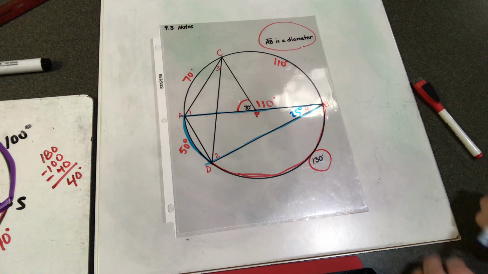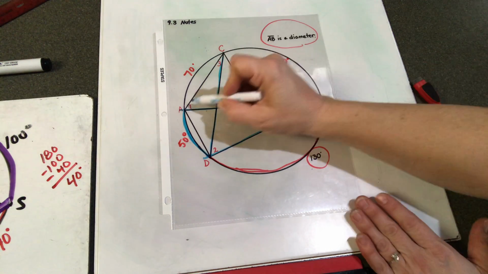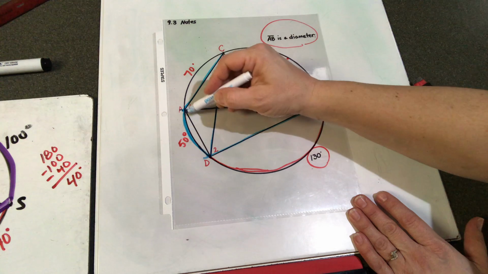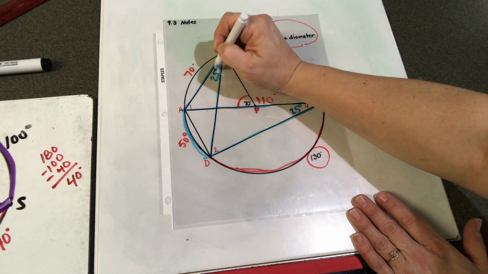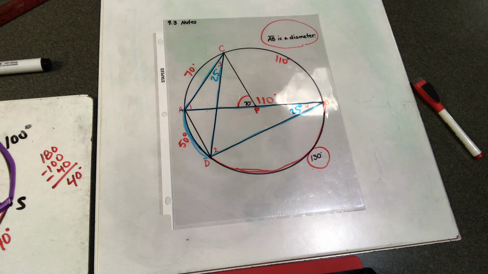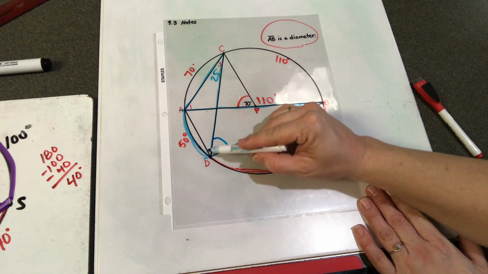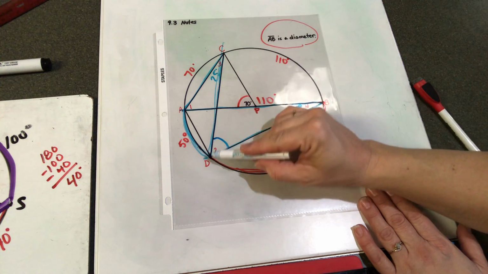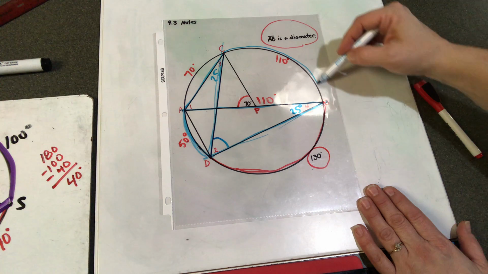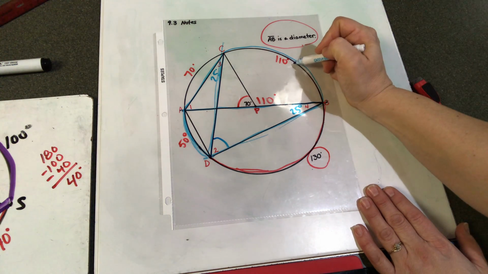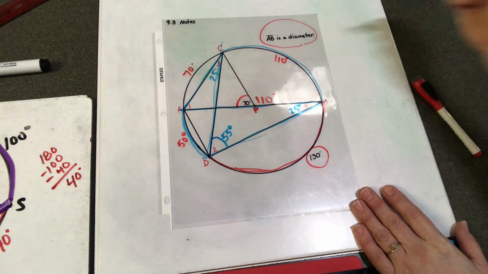It goes to half. Now look at angle 3. It also goes with the same arc. So this is 25 degrees. Okay. If you look at angle 2 right here, angle 2 goes from C to B. So it would be half of this arc. So half of 110, we're looking at 55 degrees.